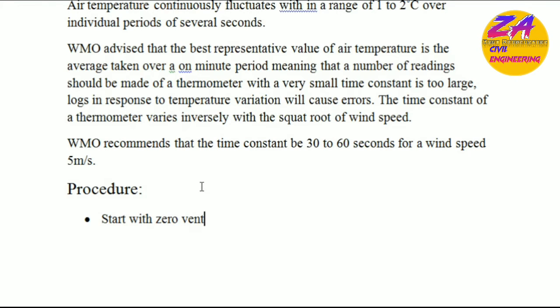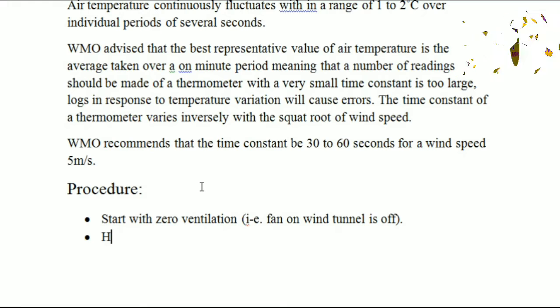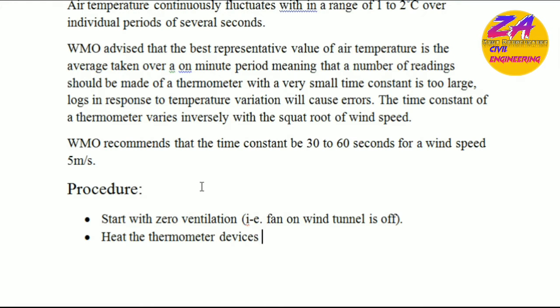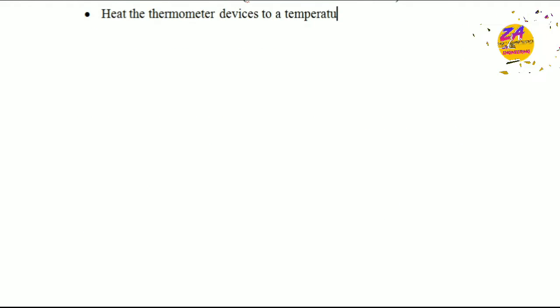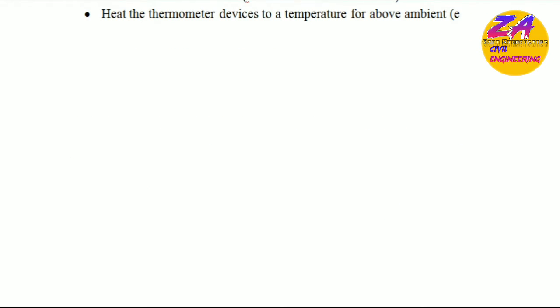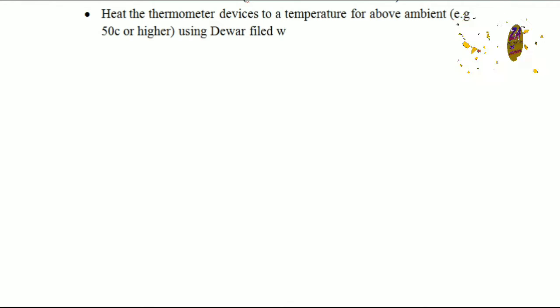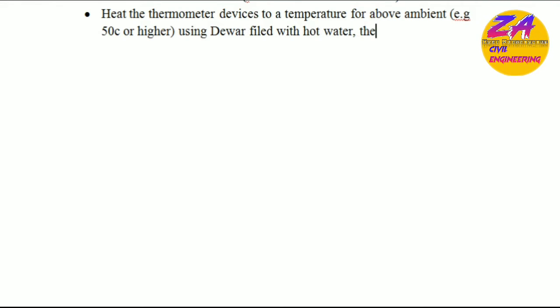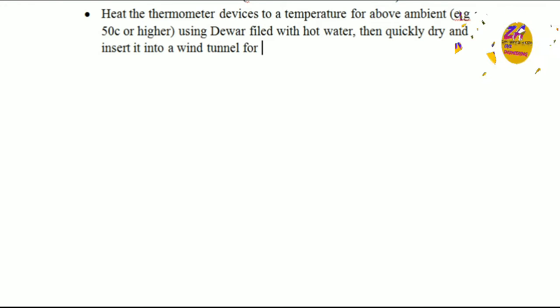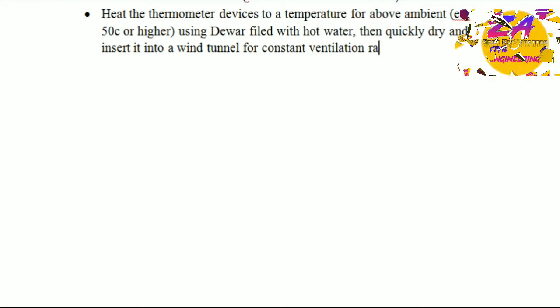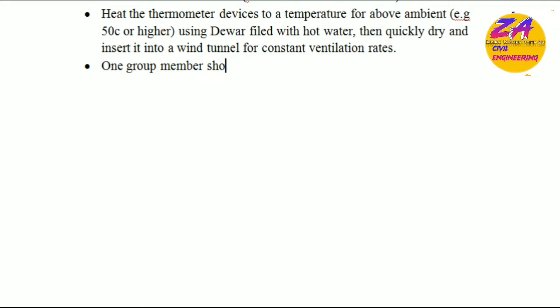The first step, start with zero ventilation, the fan or wind tunnel is off. Heat the thermometer device to a temperature far above ambient using hot water, then quickly dry it and insert it into the wind tunnel for constant ventilation rates.